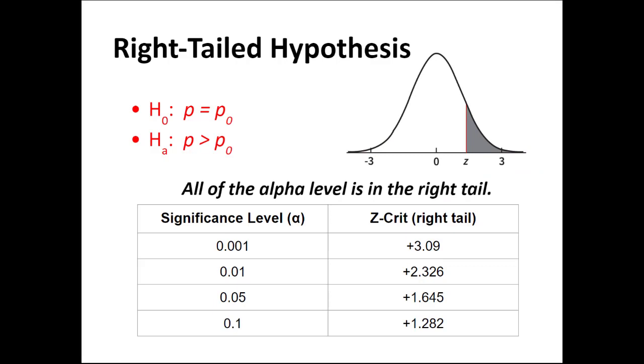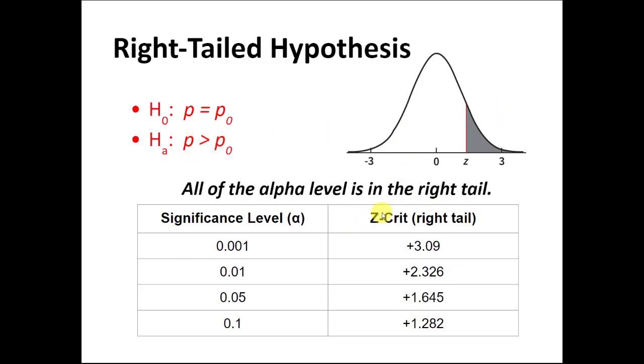So let's look at our Z-crits for a right one-tailed hypothesis. Now, if these look at all familiar, they should. We used the exact same ones for our left one-tailed hypothesis, but in that version, we used the negative values. In this, we're going to use the positive values because we're only concerned with the greater than.